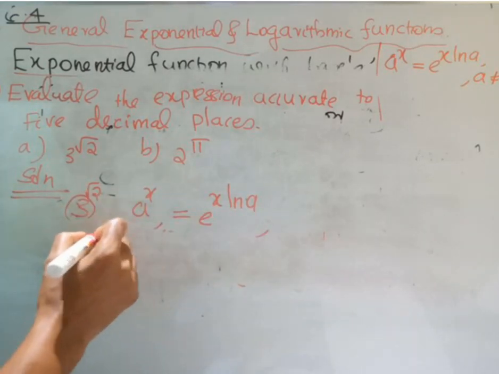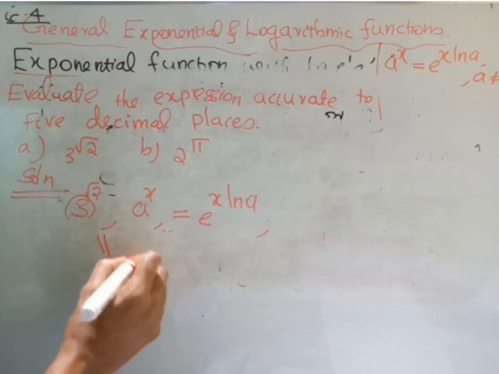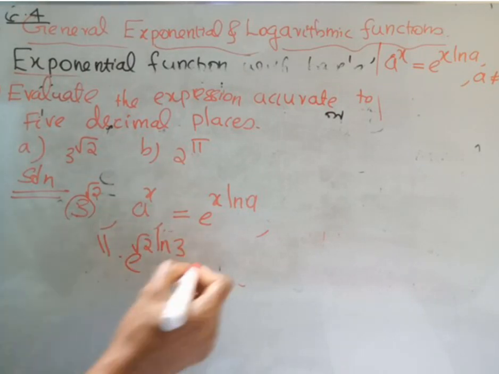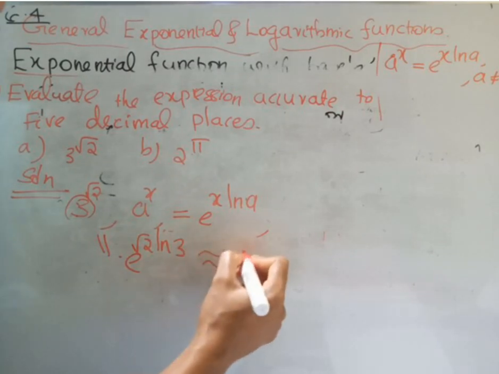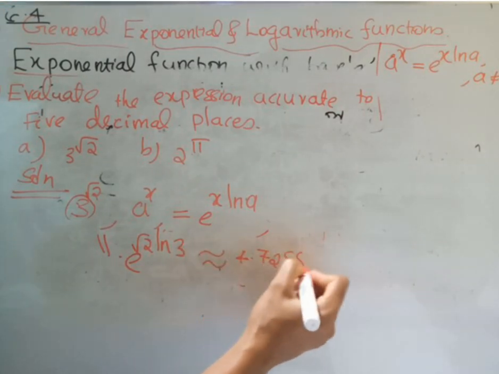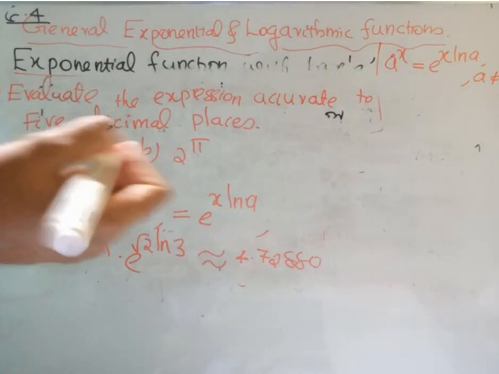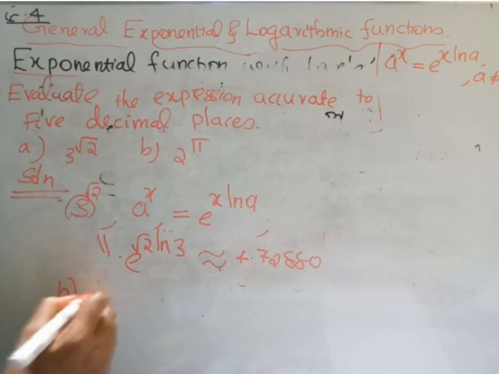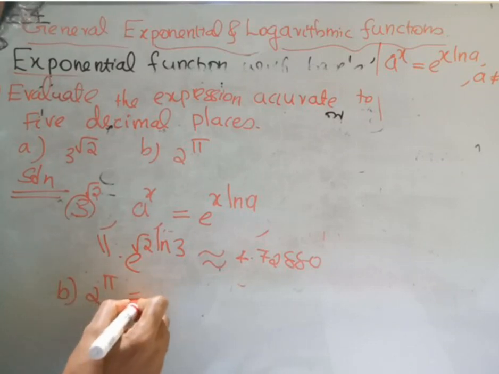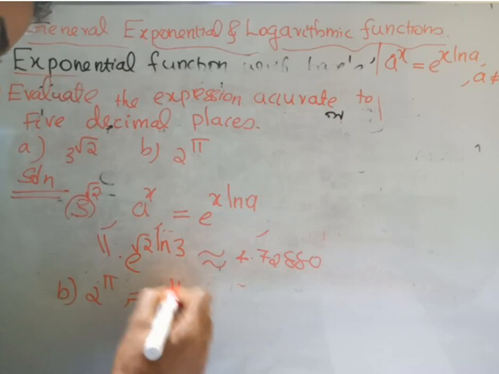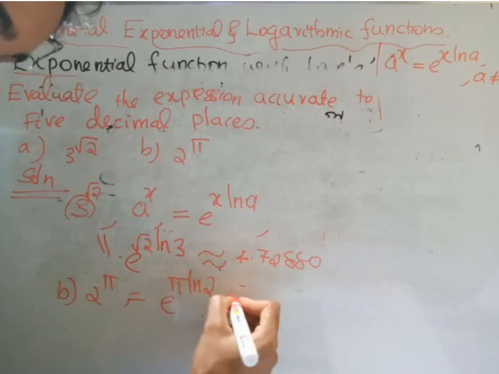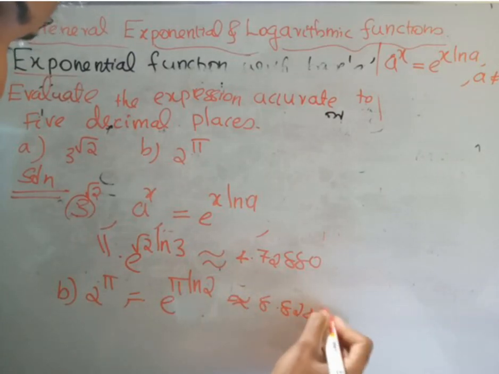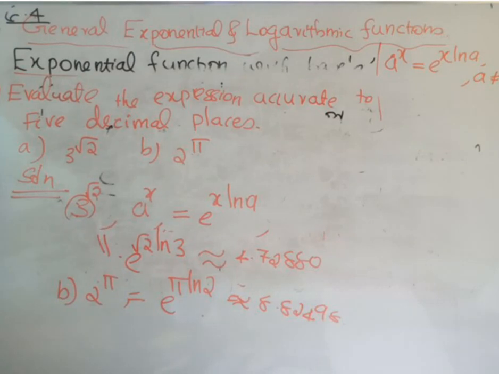So this is equal to e raised to root 2 natural log 3, which is approximately 4.72880. You have to calculate that from the calculator. The next one is 2 raised to pi. Similarly, I can write this as e raised to pi log 2, which is approximately 8.82498.